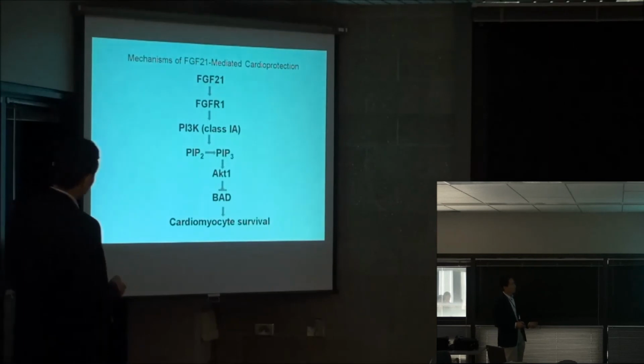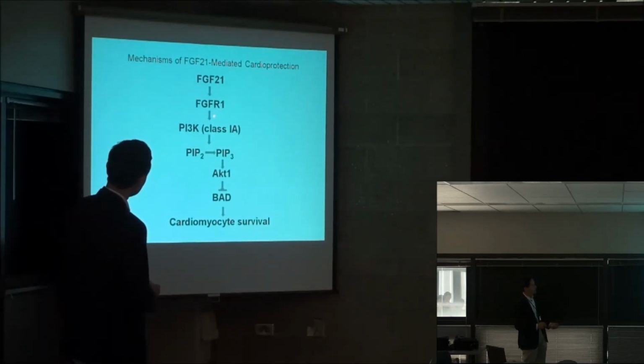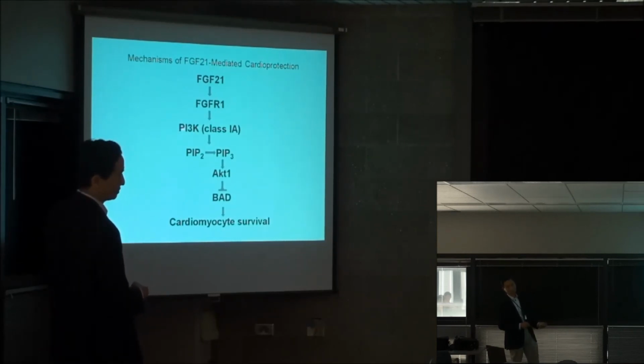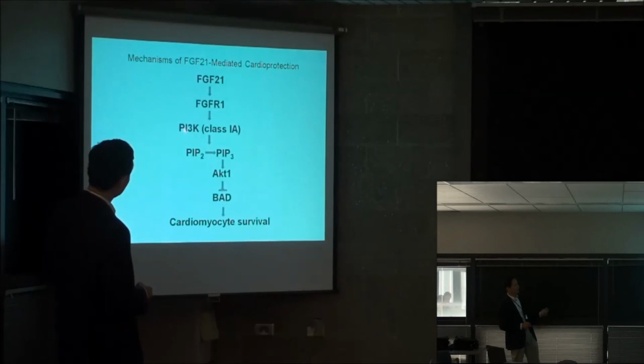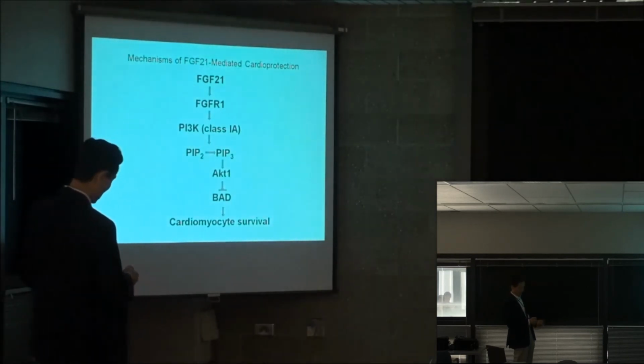So FGF21 turns out to act on receptor 1. Receptor 1 activates an intracellular molecule called PI3K. It's just a kinase. K stands for kinase, which acts to add a phosphate group to a phospholipid molecule in the cell membrane.